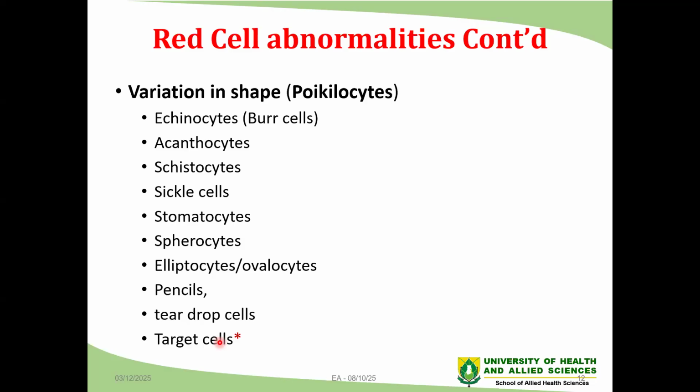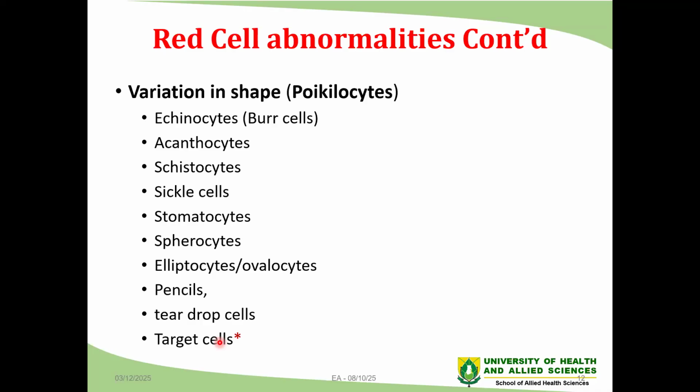It's about the shape of the red cell. So it is only when you use an electron microscope to take the picture of a target cell that you realize that it is actually a poikilocyte. However, that poikilocyte, following staining, appears the way we see it in a blood film and we call it a target cell.